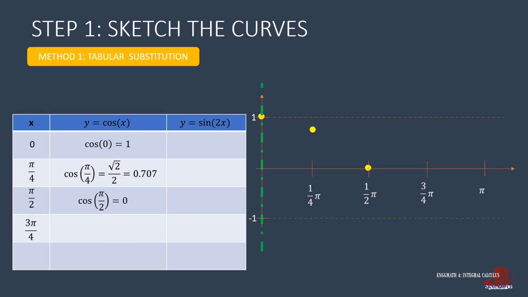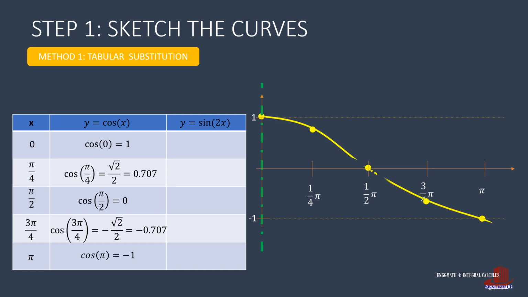Then, when we move to x as 3/4 of pi, y becomes cosine of 3/4 of pi, making negative root of 2 over 2, or negative 0.707. Then, with x as pi, y turns out as cosine of pi, which is negative 1. Trace the points to have the curve of y equals cosine of x.